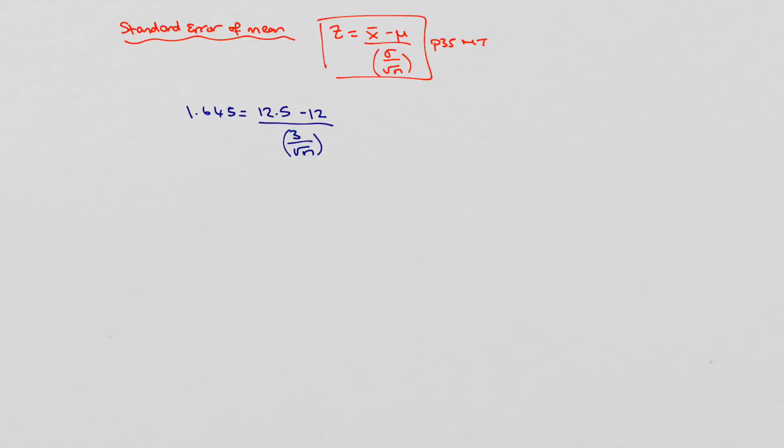So of course, if I turn my fraction upside down and I multiply, well, I have 12.5 minus 12, which is 0.5. And turning my fraction upside down and multiplying, I get root n over 3. And now I want to get root n on its own. So multiply across both sides by 3 and divide across both sides by 0.5.